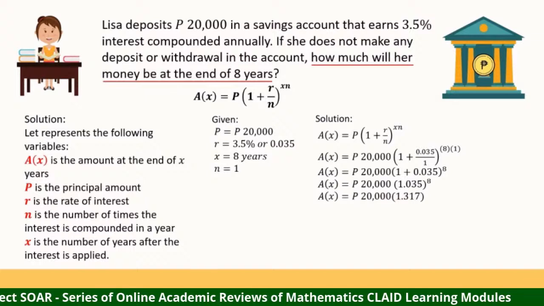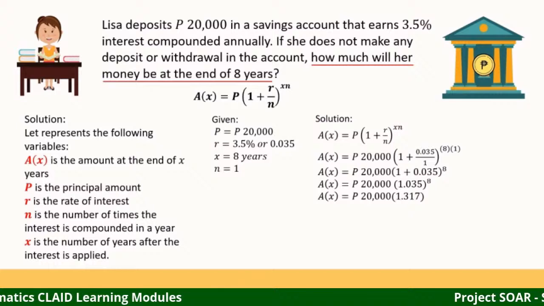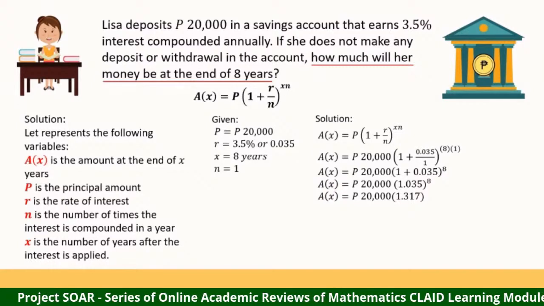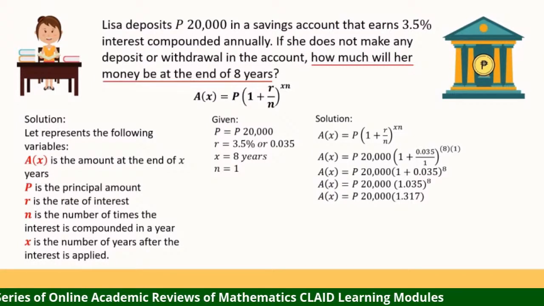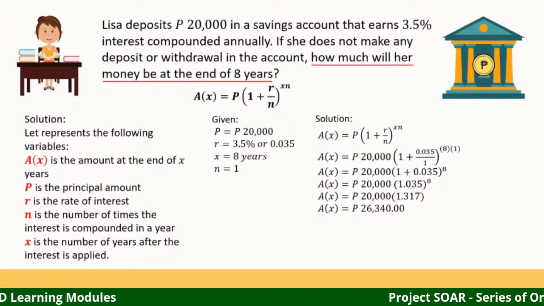So we have A of x is equal to 20,000 times 1.317. Okay, so mas maigi kung in thousands po ang ating decimal place po. Okay, so we have here now A of x is equal to 26,340.